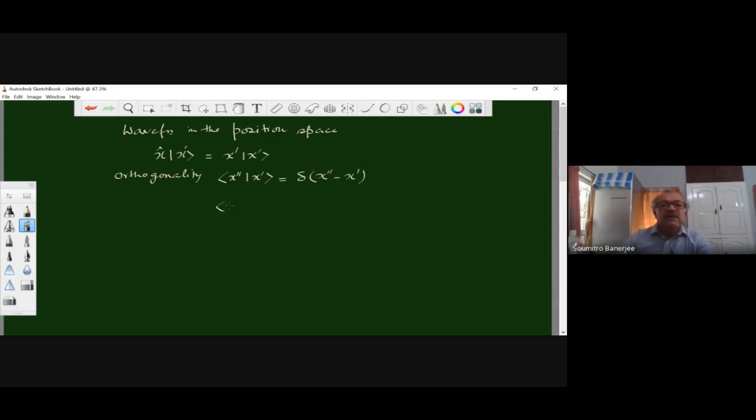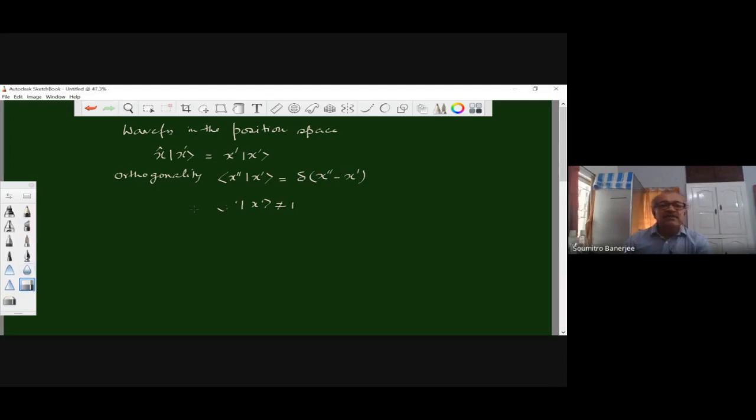If you take the same thing, x dash with x dash will not be equal to 1. It will be such a thing which actually goes to infinity at that point. So when x double prime is not equal to x prime, it is 0. When x double prime equals x prime, it is not 1, but something whose integral over a short range would be 1. Okay, so that is what we learned in the last class.